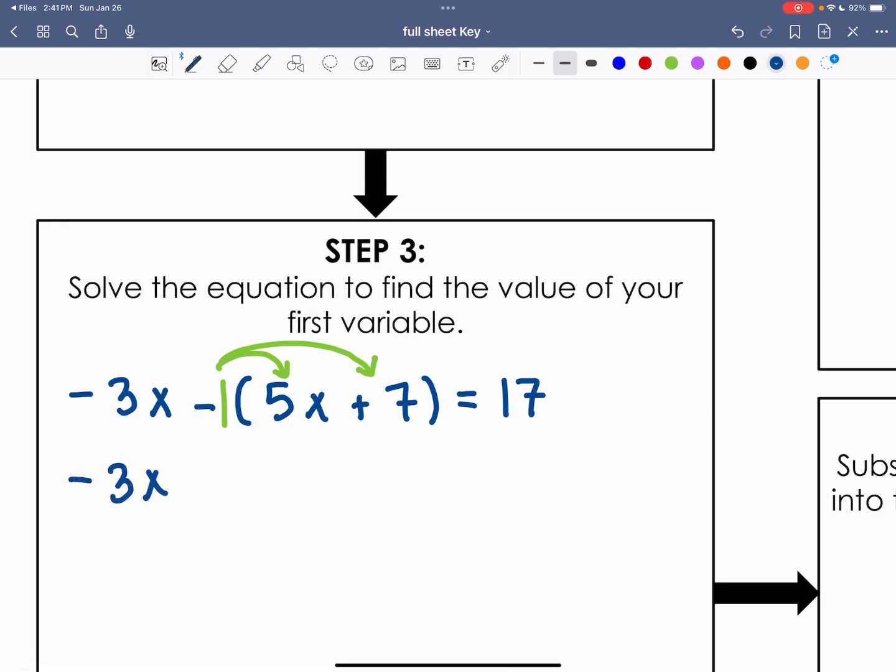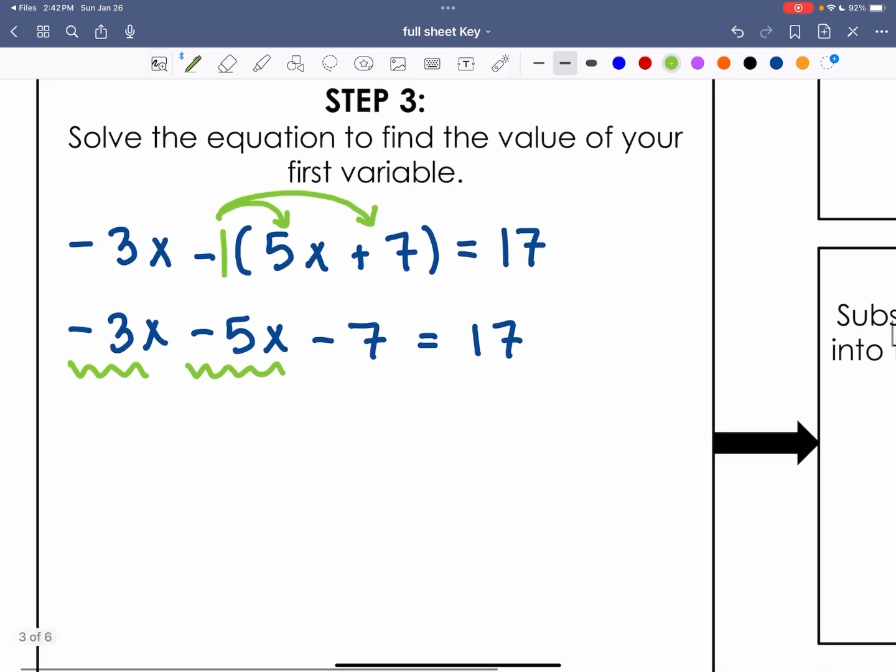So this gives us negative 3x, take away 5x, also take away 7, equals 17. And then we can combine like terms. So this gives us negative 8x, take away 7, equals 17.